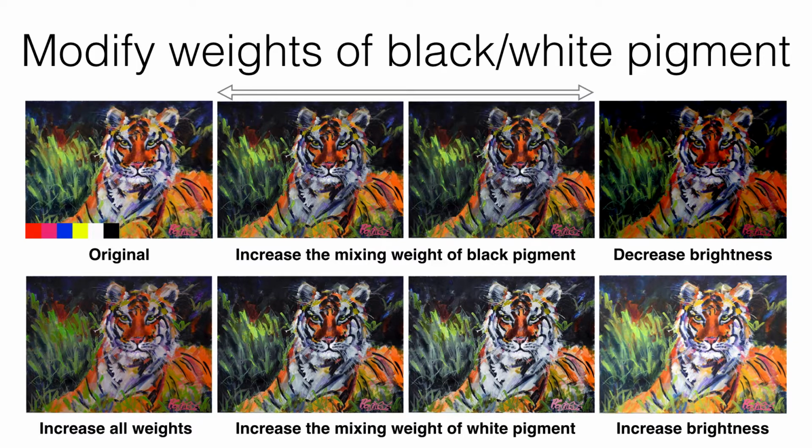Left bottom is increasing all pigments mixing weights, which obtain painting's mass tone colors, which is a unique operation from the traditional Photoshop editing. Right column is using Photoshop to manipulate the RGB image brightness changing globally.